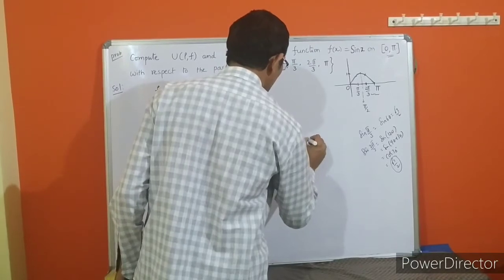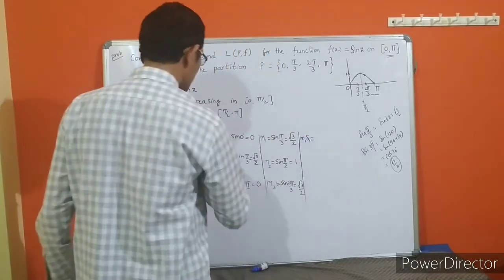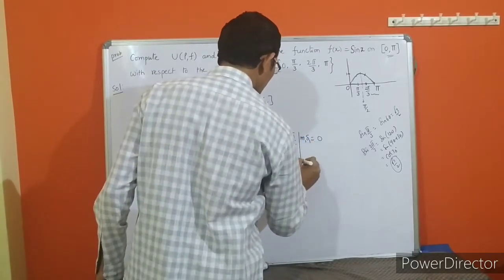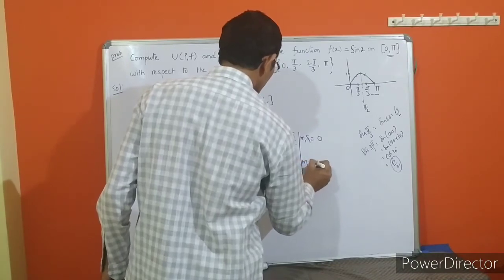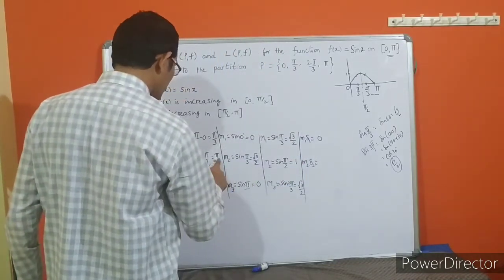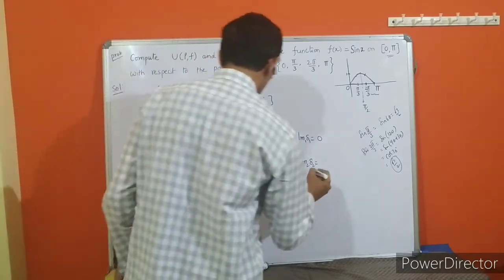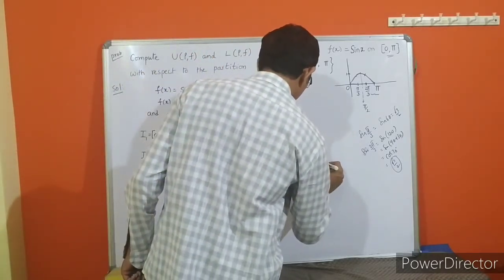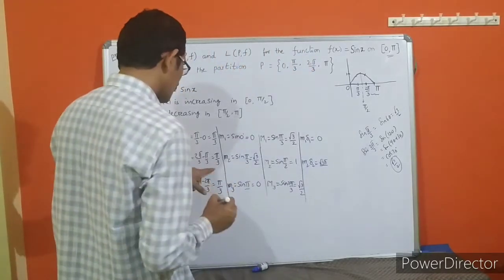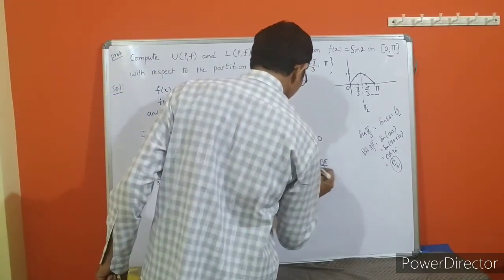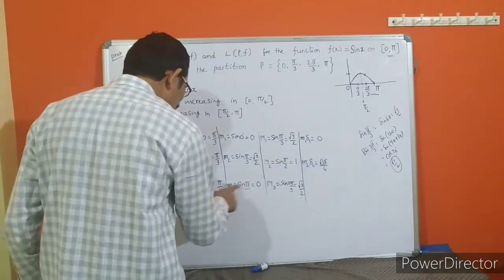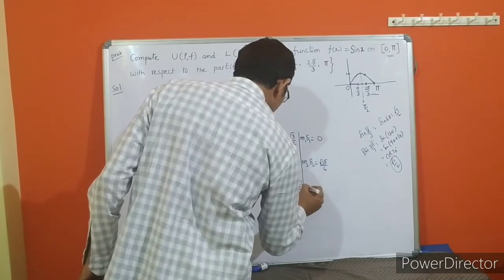So m1 delta 1 is nothing but 0, and m2 delta 2 is nothing but root 3 by 2 into pi by 3. So what did you get? Root 3 pi by 3 2s are 6. Next, m3 delta 3 is again 0.